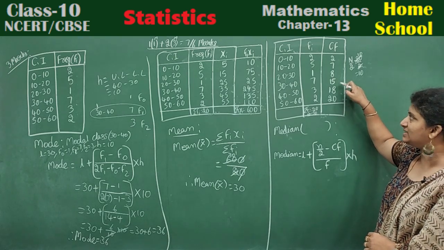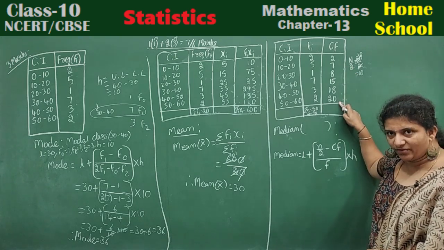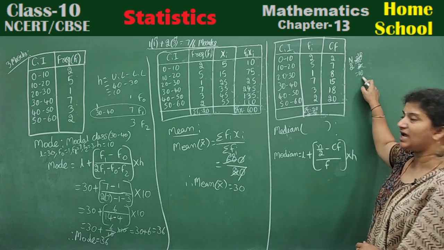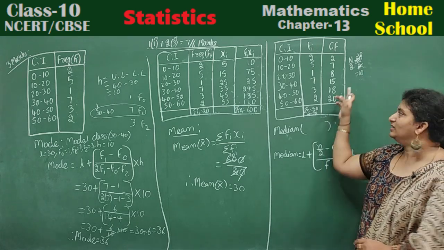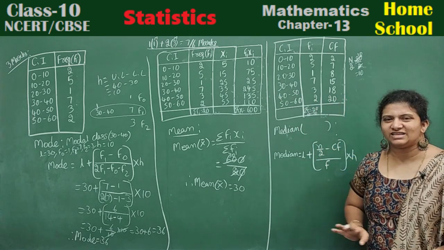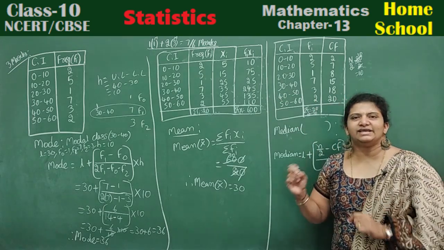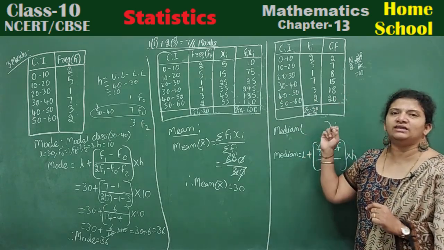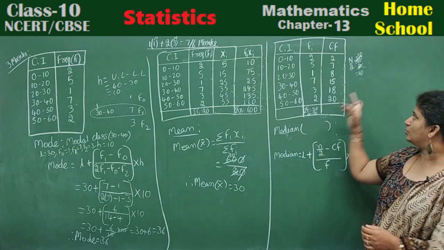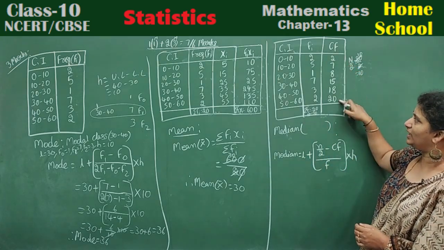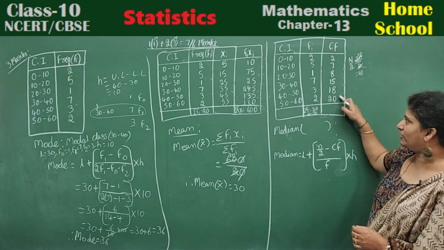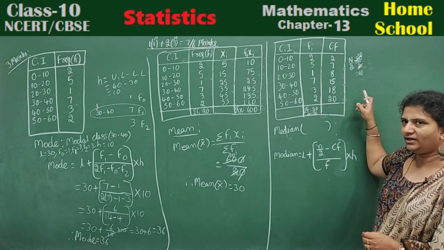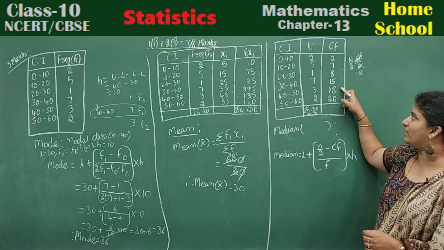The first person among your friends who can give you the amount, that row you mark as the median class. This is an example, to make it easy to find the median class. For 10 rupees, which friend can give you first? This fellow can give, this fellow also can give, but who can give you first?